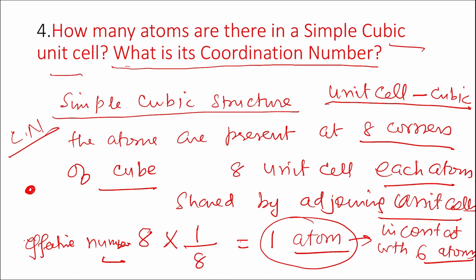If this is the atom in the unit cell, then it will be in contact with 4 atoms in the same layer, one atom at the upper side and one at the lower side. Then in total there are 6 atoms in contact with this central atom, and we say that the coordination number in simple cubic unit cell is 6.